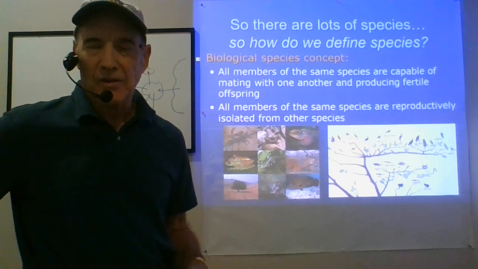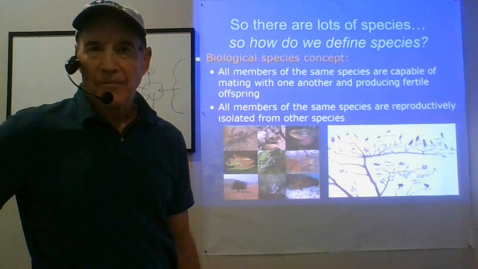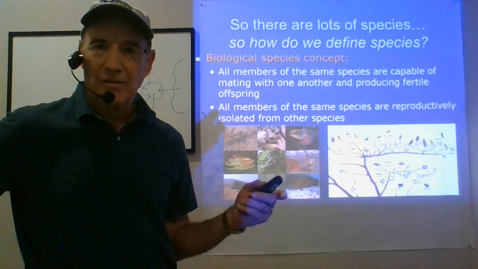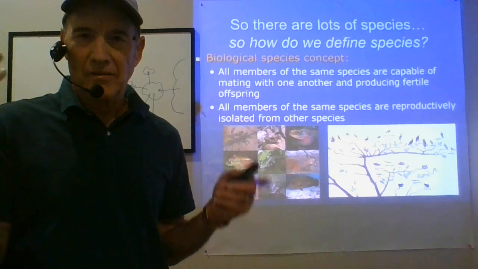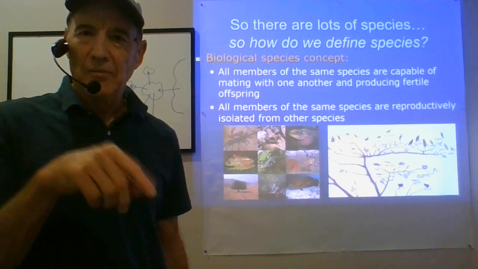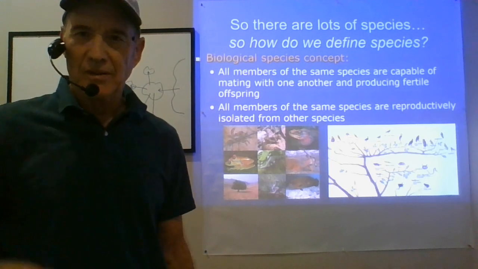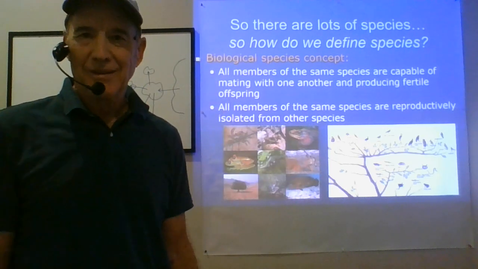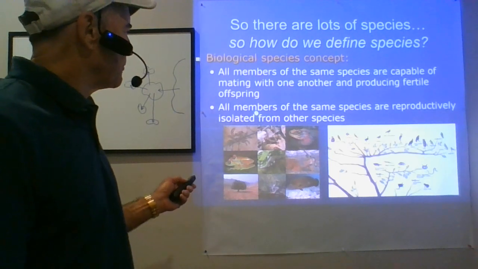Like a mule is not a true species, because a mule is formed from a donkey and a horse, but a mule and a mule can't reproduce with one another and produce another mule. You have to have a donkey and a horse. So they're not considered a species.